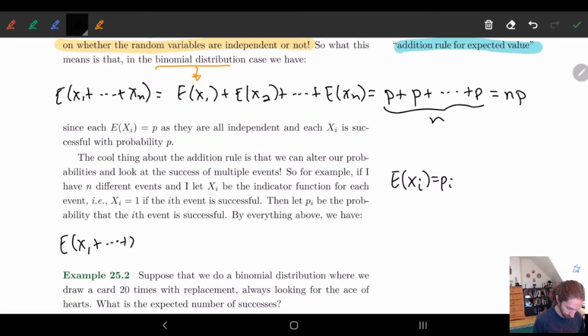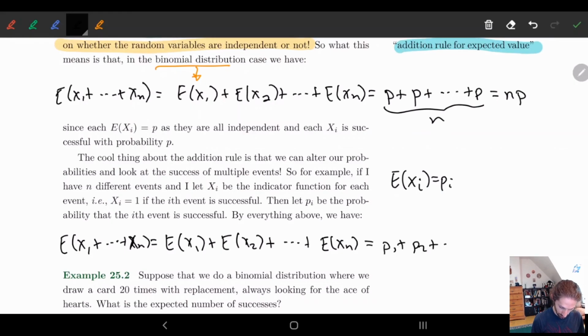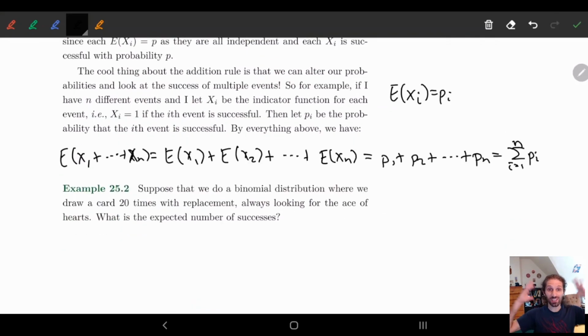The expected value of x1 plus x2 up to xn is just the sum of the expected value of x1 plus the expected value of x2 all the way up to xn. And so this is just p1 plus p2 all the way up to pn. So you can just sum over all the pi. It's super nice and simple. It's gorgeous. I love it. I think it's cool as all hell.